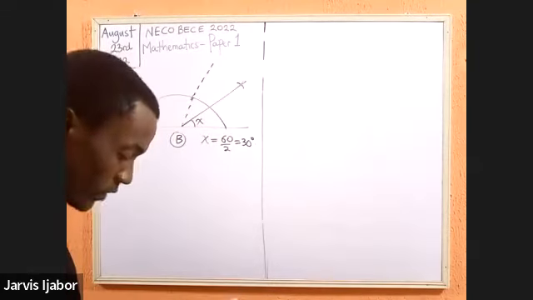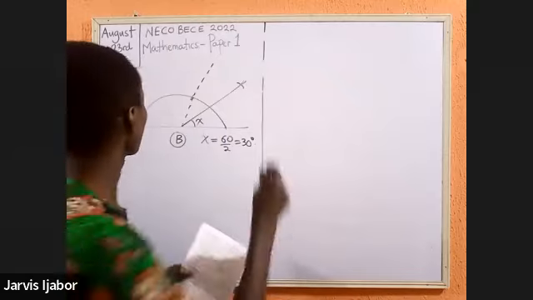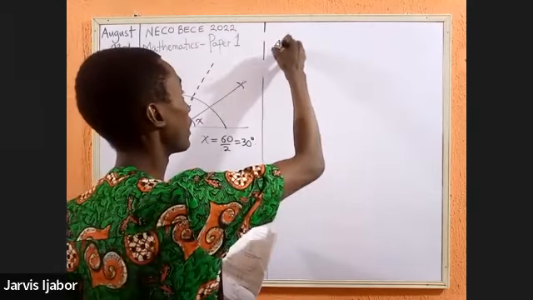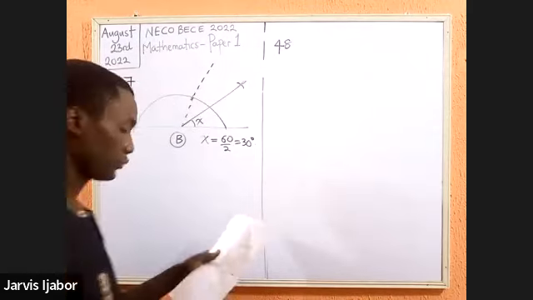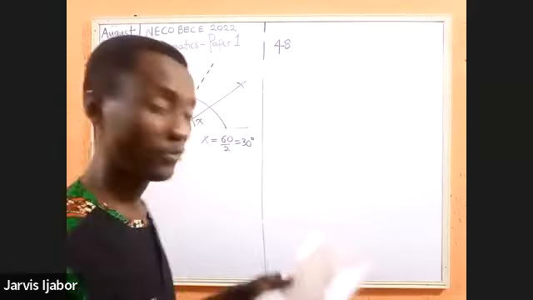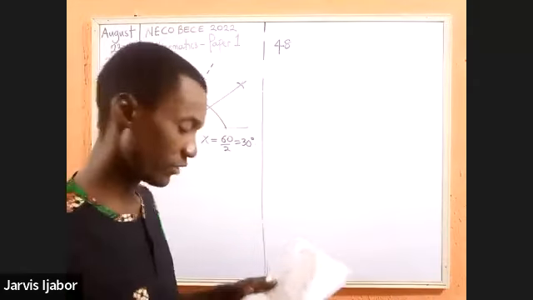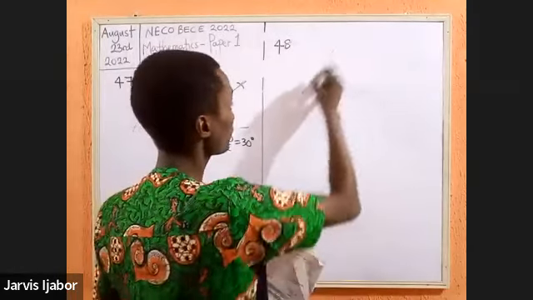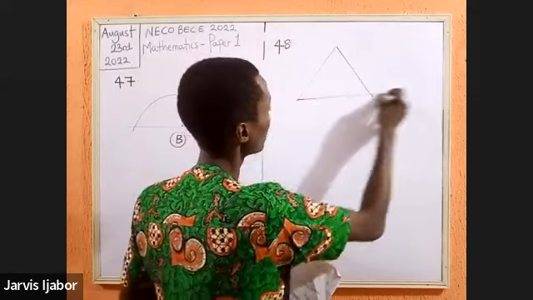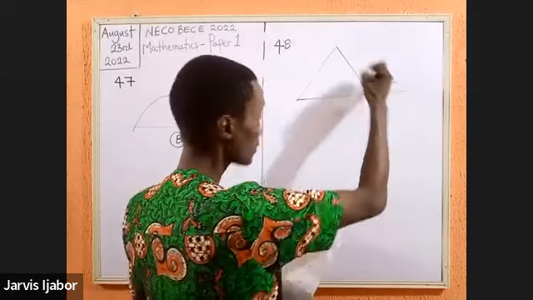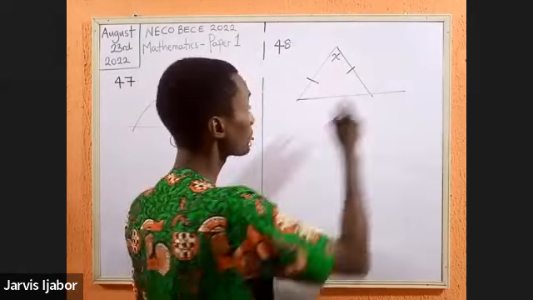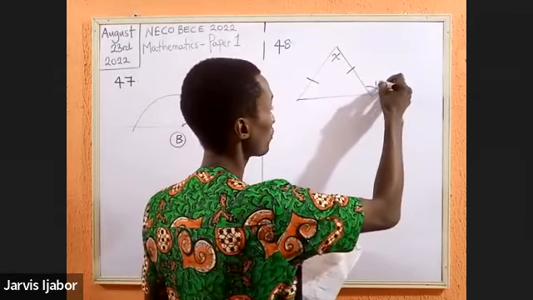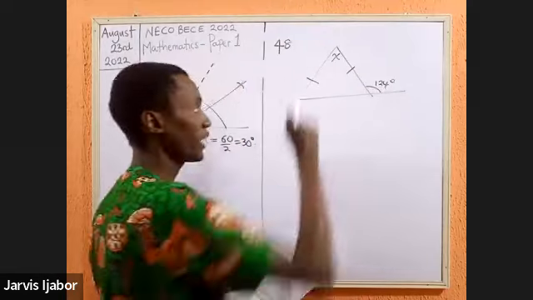Question 48. In question 48, it says find the value of x in the figure below. Now, see what you're given. These two sides are equal. 124 degrees. Find x.